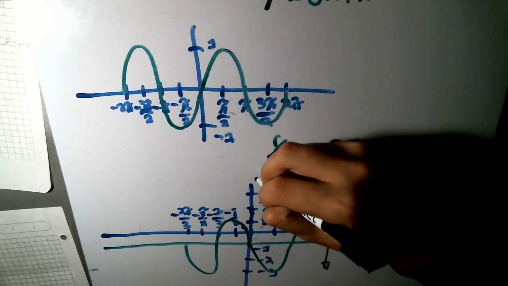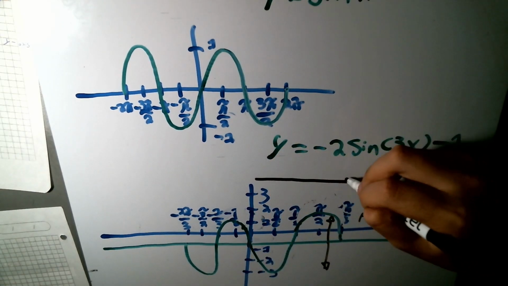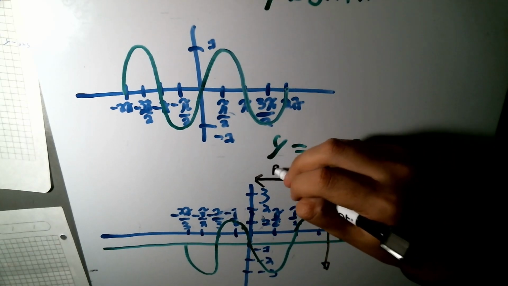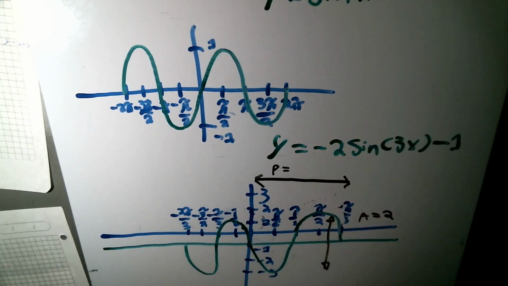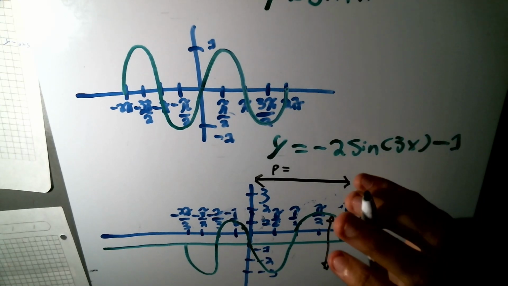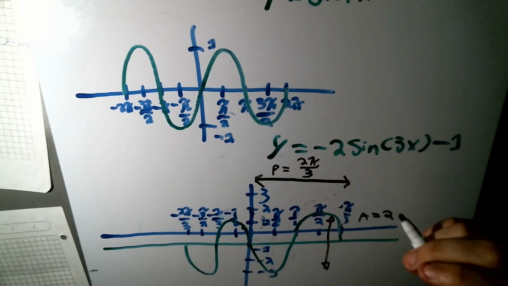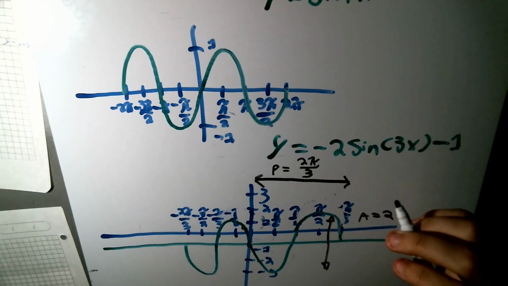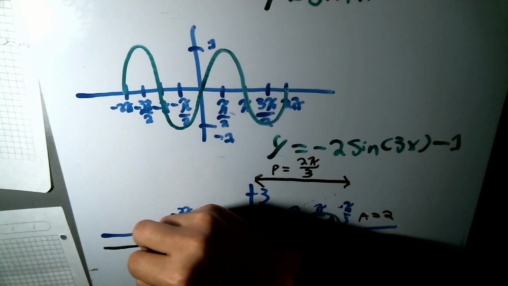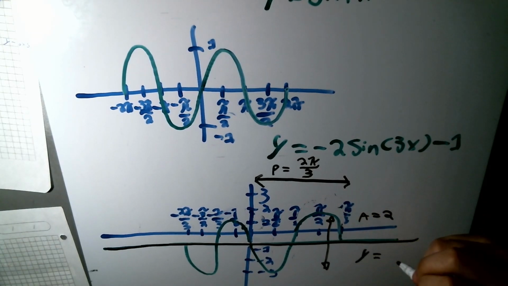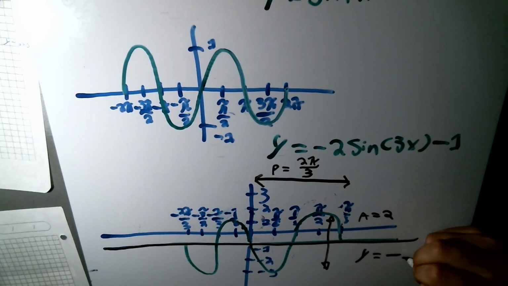The period is this one, a full lapse, which is P equals 2 pi over 3. The midline is this massive thing that goes infinitely, y equals -1.